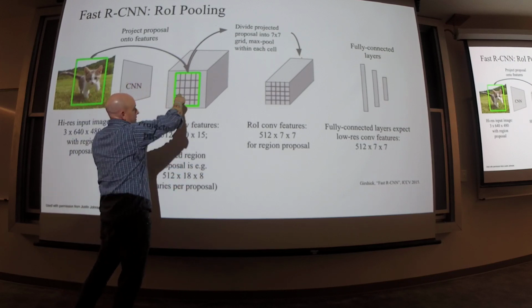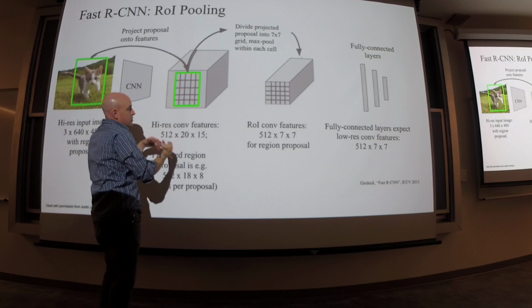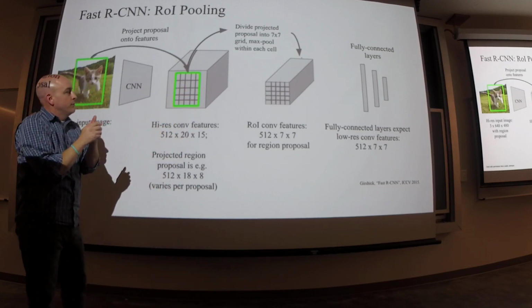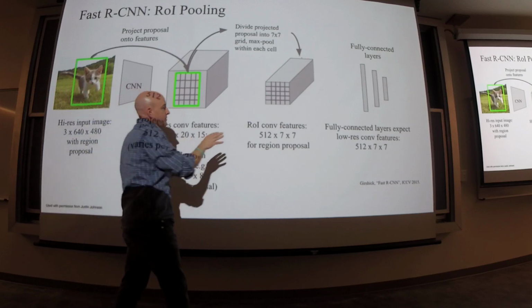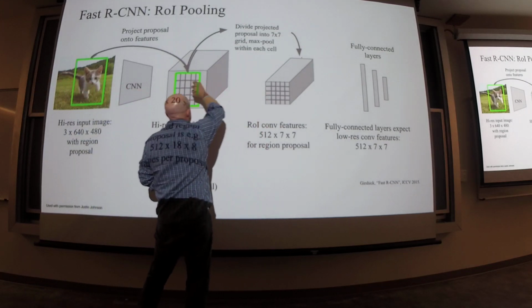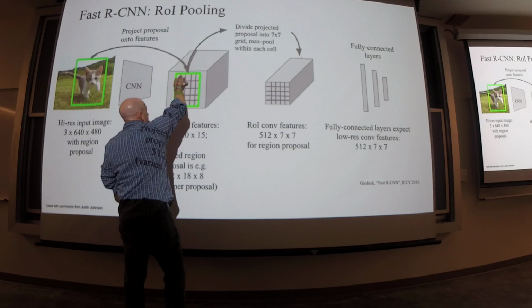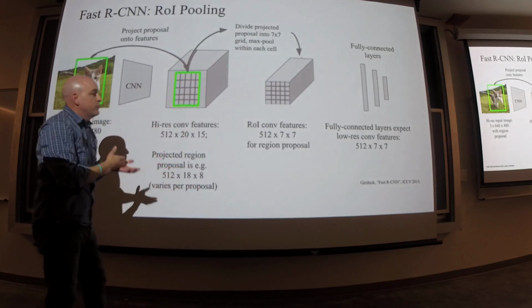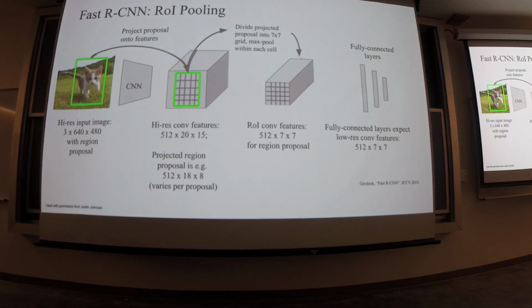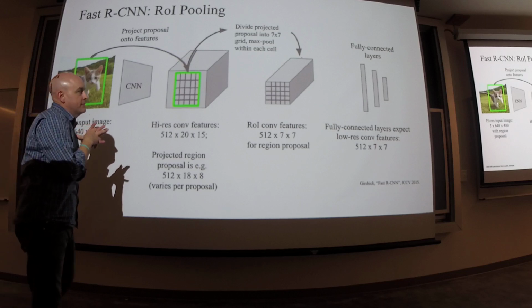You then draw this imaginary grid of 7 by 7, and in the 49 cells that you have there, you just do a max pooling. It might be this bunch here, whatever is the largest value goes there. So now you've worked your way down to this much smaller region of 7 by 7.